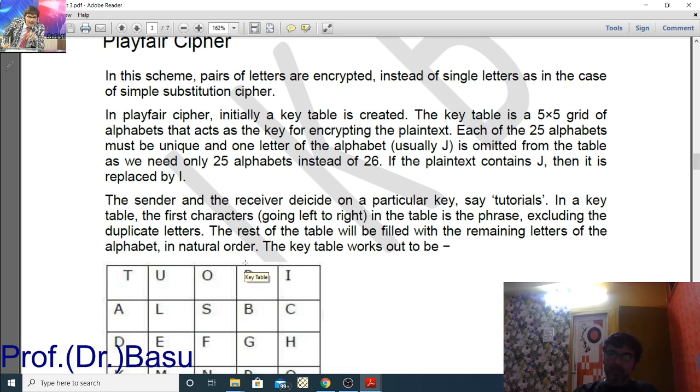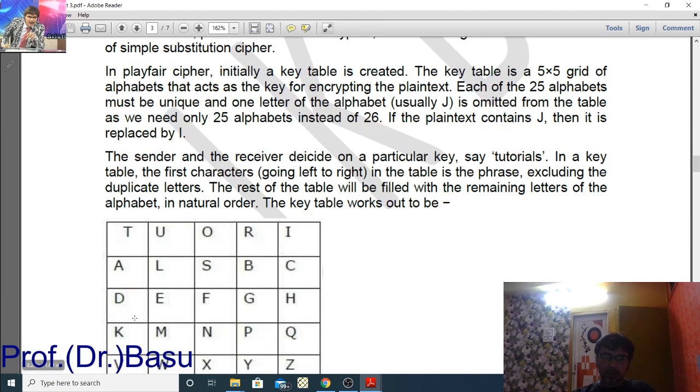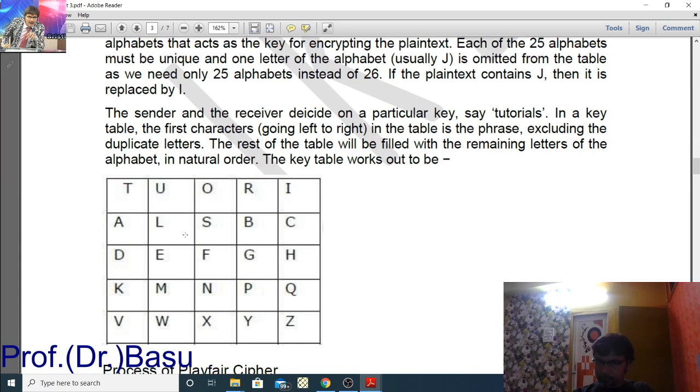Say the key is tutorial. The system is agreed with a particular word which will generate the key table. Each letter goes in the 5 by 5 board, so the number of elements in the rows and the number of elements in the columns will be 5.